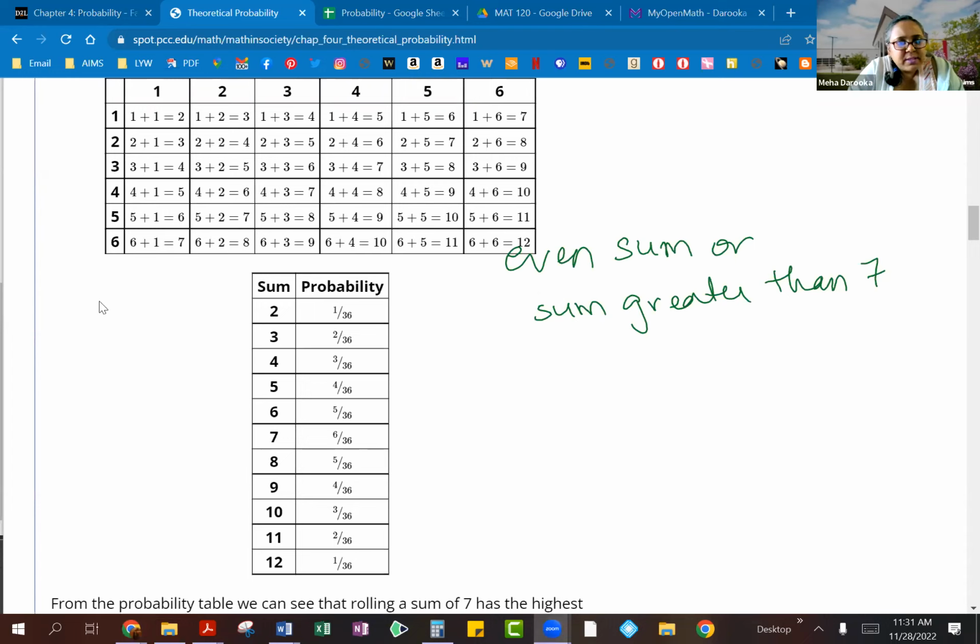Okay, Brooks, I see your answer. Terry, I see your answer. Go ahead and reduce your fraction and let's see what that comes out to be. So again, the event you are looking for is an even sum or a sum greater than 7.